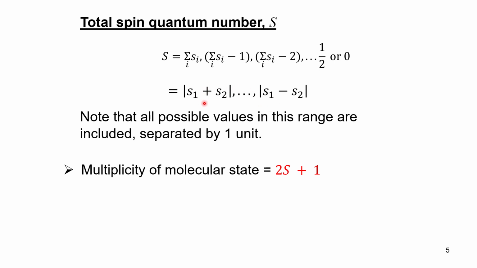So you can find the maximum value of the spin quantum number and the minimum value, and then fill in the gap between this maximum and minimum value, whereby they differ by 1 unit until they reach the minimum value. From this, we calculate the multiplicity of the molecular state using the formula 2S plus 1.